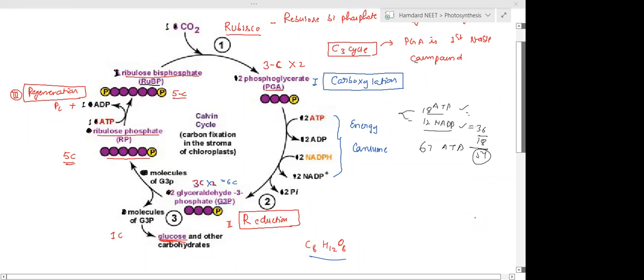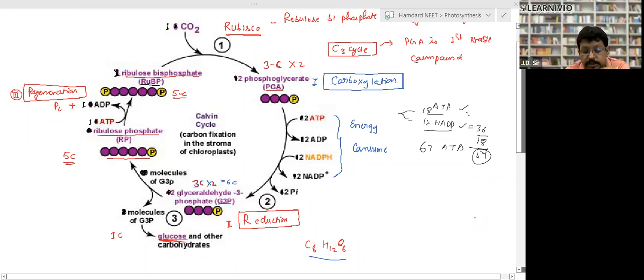I was asking about the third part. You said there are six carbon molecules, right? One is given to glucose and other carbohydrates. There are two molecules.